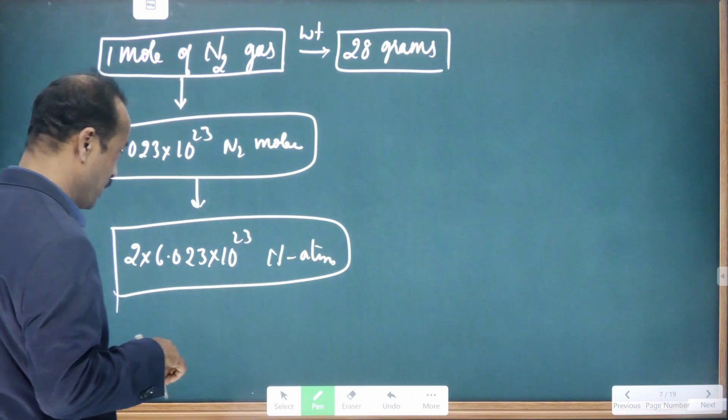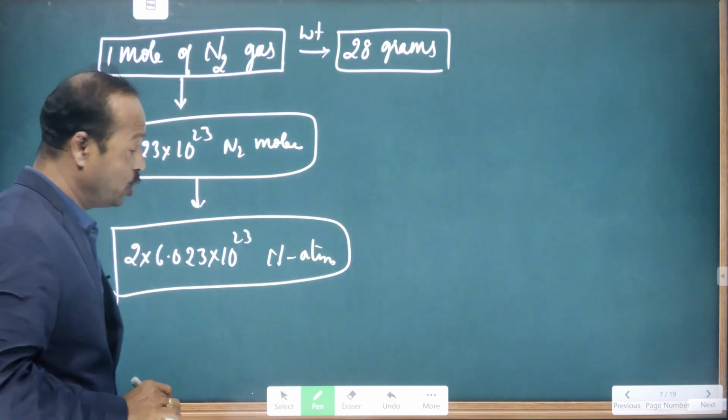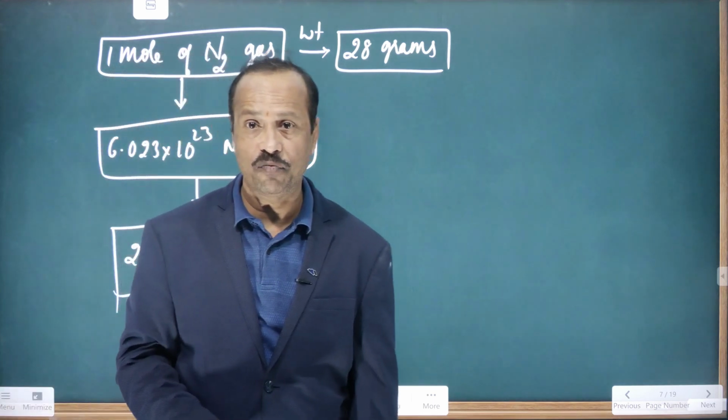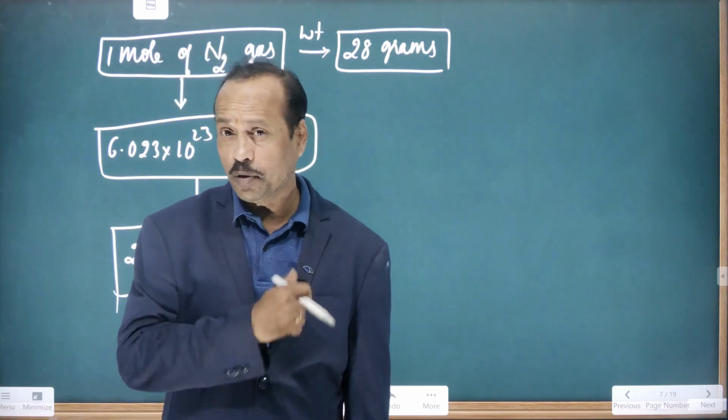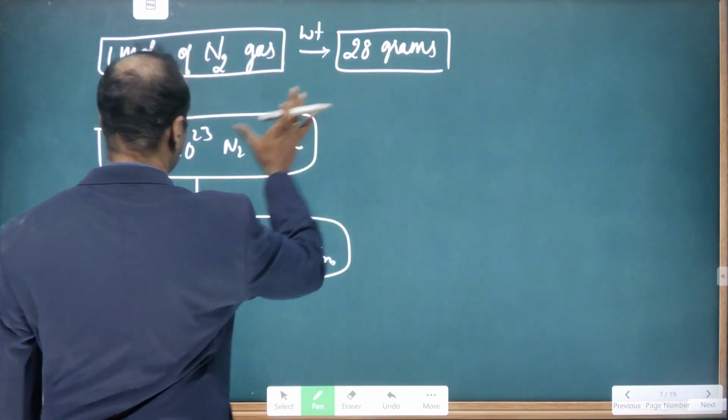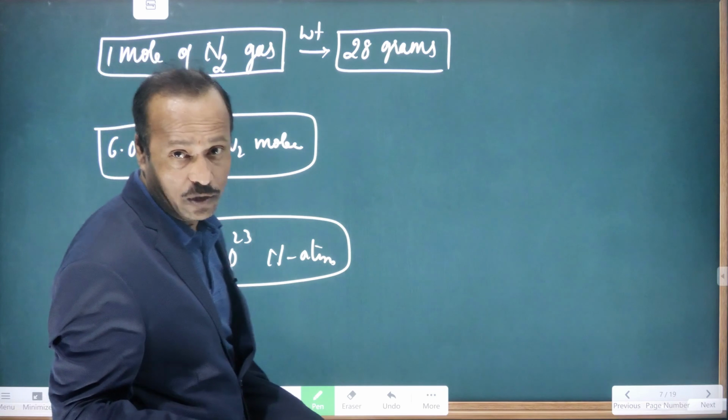Now one more important thing. Here nitrogen is a gas. If they ask you for the volume of 1 mole of nitrogen gas, so far we have seen the grams and the numbers, but we didn't see the volume, right?